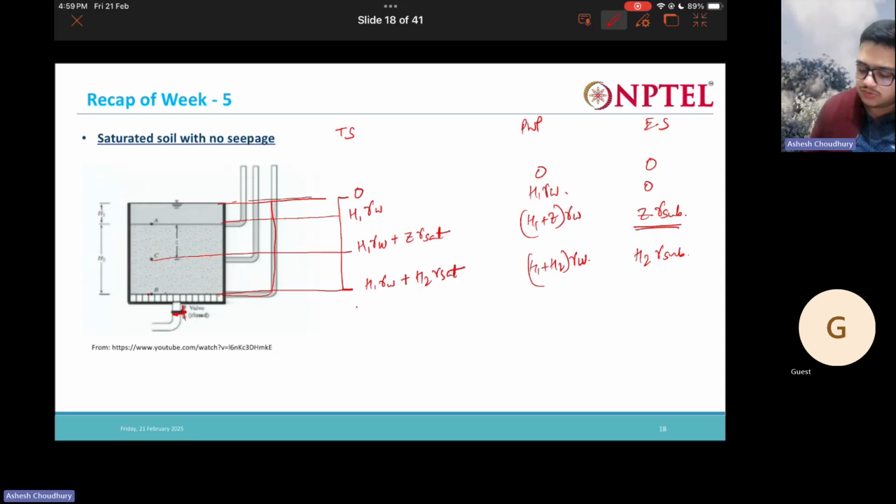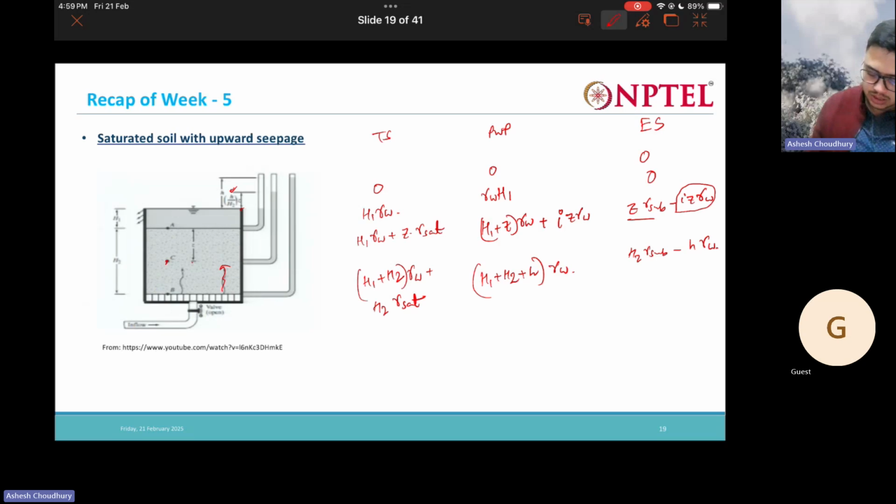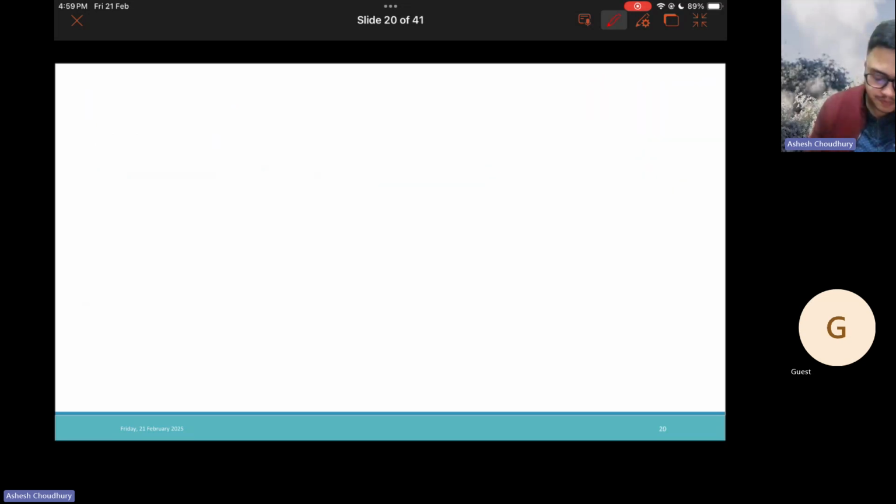But if we have upward seepage, then my effective stress gets reduced by this term. Similarly, for downward seepage, the effective stress will increase.